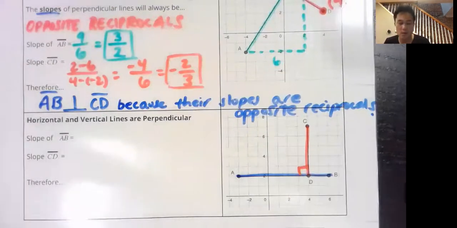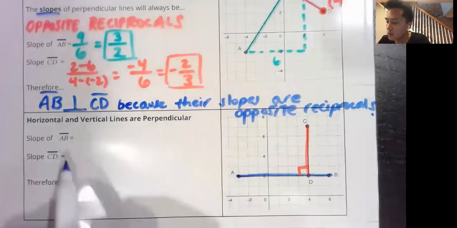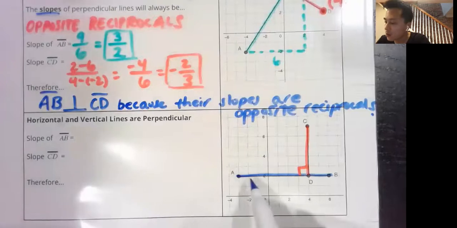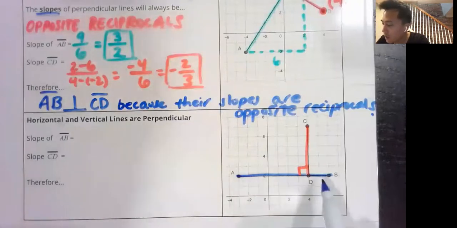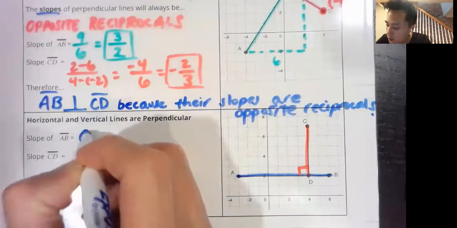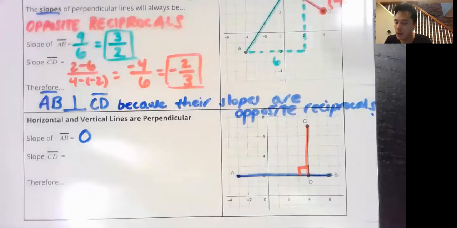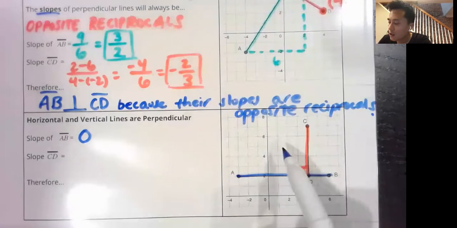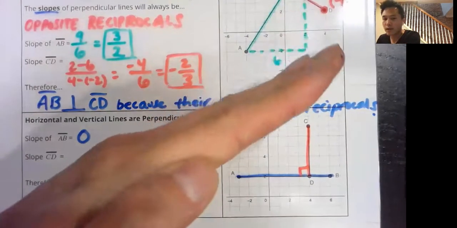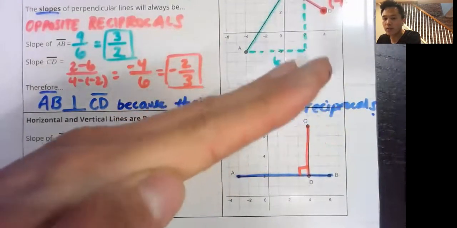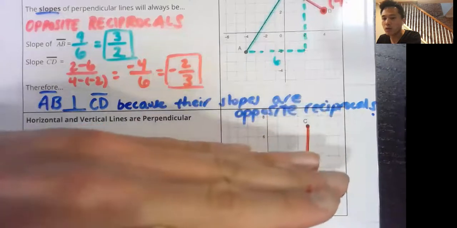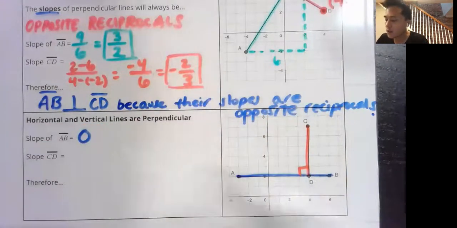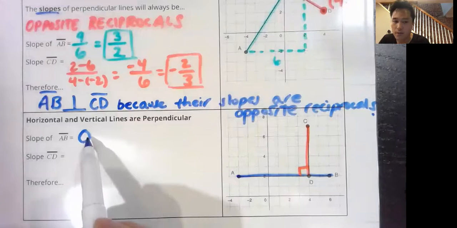If we think about slopes and opposite reciprocals, it doesn't quite work the same here because the slope of AB, the slope of any horizontal line, is always going to be 0. It's 0 because as the line gets flatter and flatter, the slope gets smaller and smaller until it's perfectly flat. And that's why it's 0.